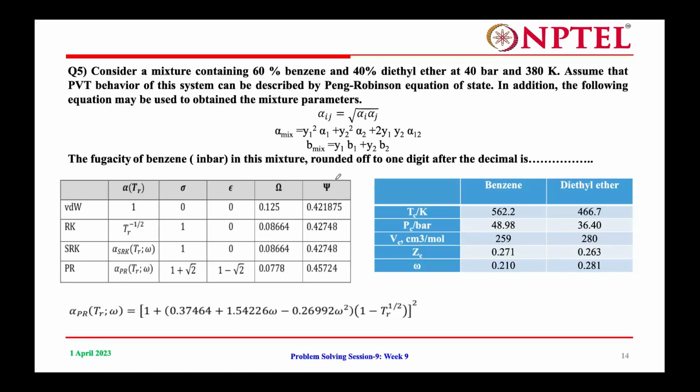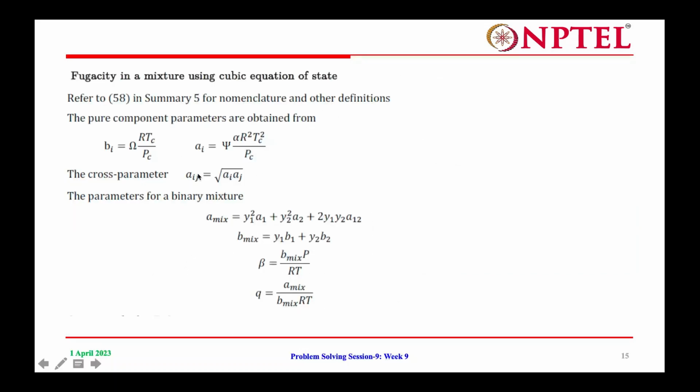Right. So we have to use this equation. First calculate the Bi, then Ai, then cross parameters.